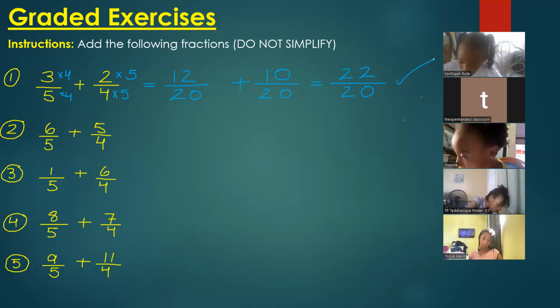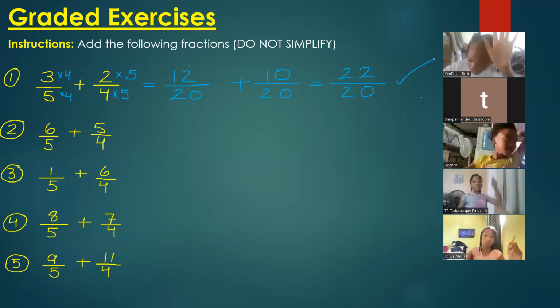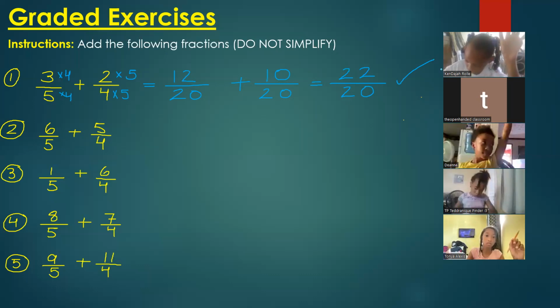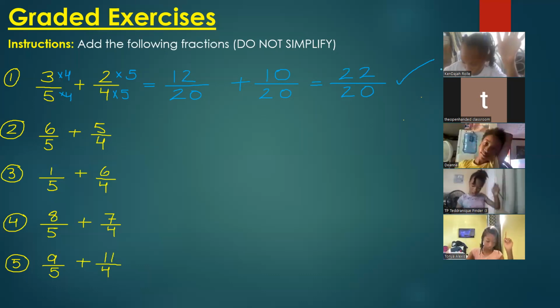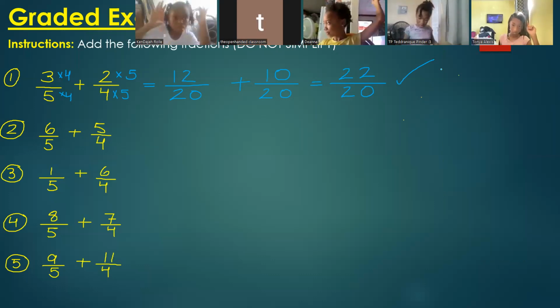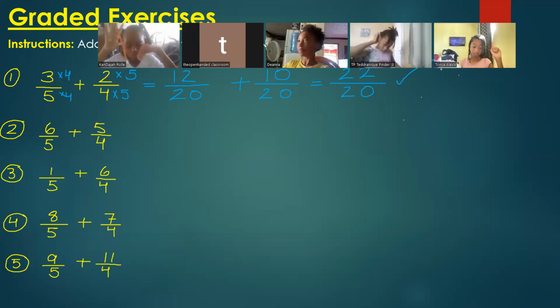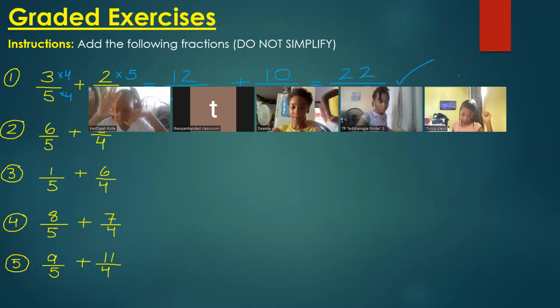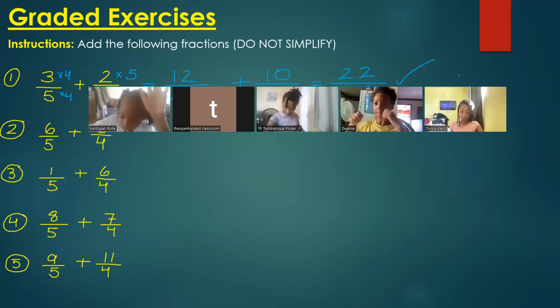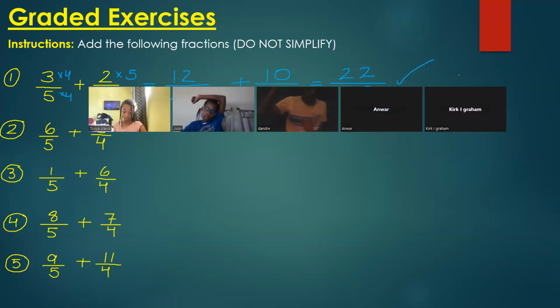Raise your hand if you got that right. 22 over 20. Raise your hand if you got that. Ariana, Diana. Tedrinik, did you get that? Tedrinik, I'm checking. Did you get 22 over 20? Yes, I did. Okay. Can I do number 2? Yes, we can. DeAndre, did you get 22 over 20? Yes, sir. Very good.